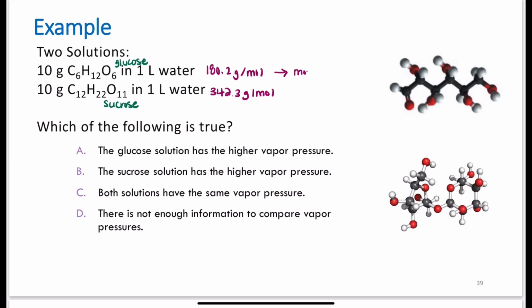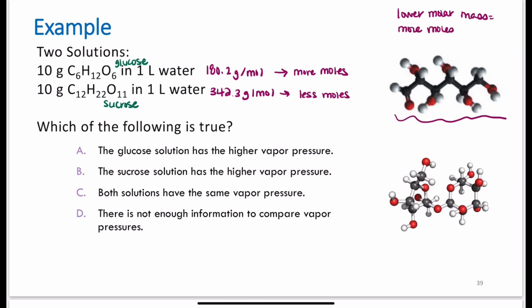I have more moles present. I have less moles here. Why? Because it takes more of these to reach 10 grams because it's a smaller compound. So lower molar mass is more moles present in 10 grams of sample.